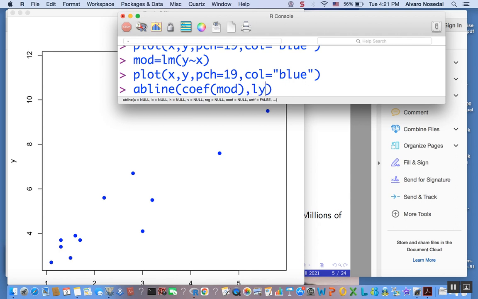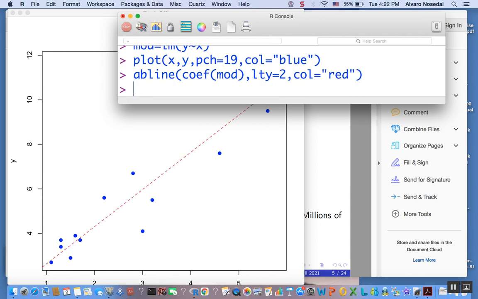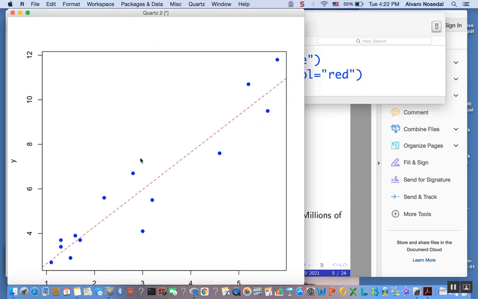Let me tell R that I want a dashed line with lty, and I want that line to be red. There we are.